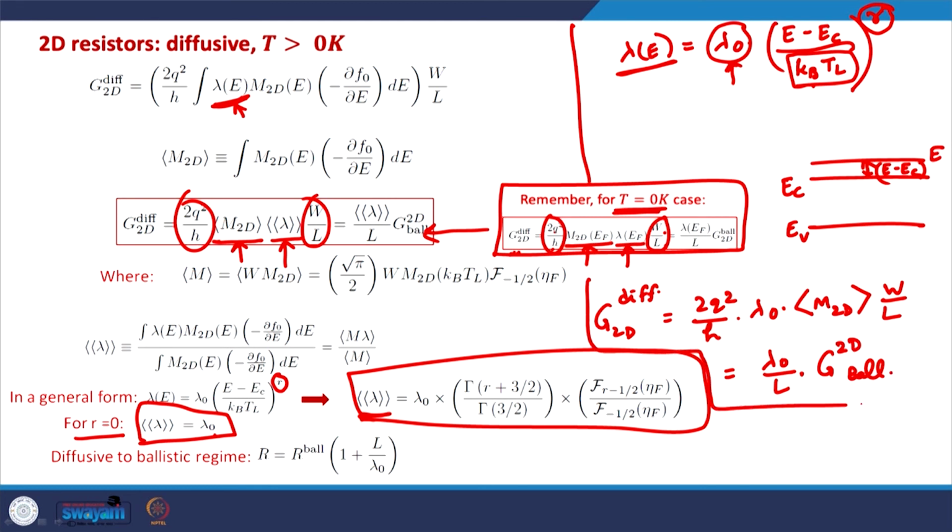In the ballistic case we have already done the calculation, so this becomes quite straightforward.